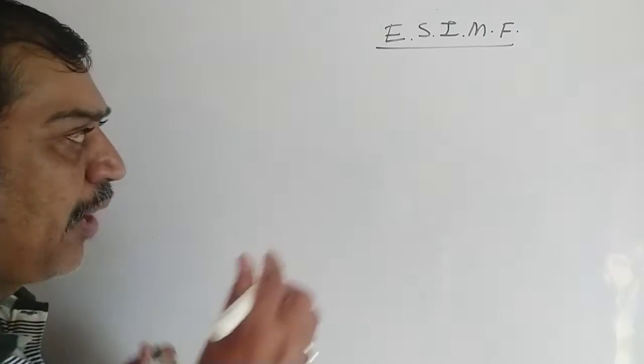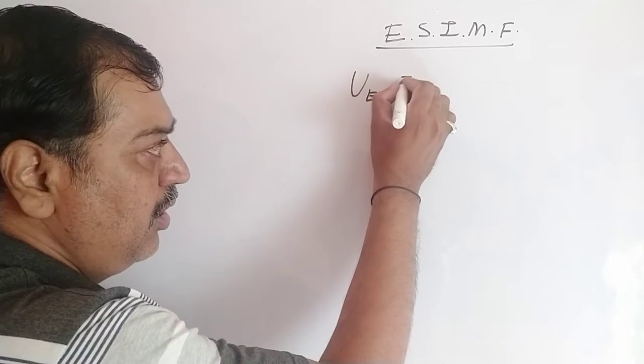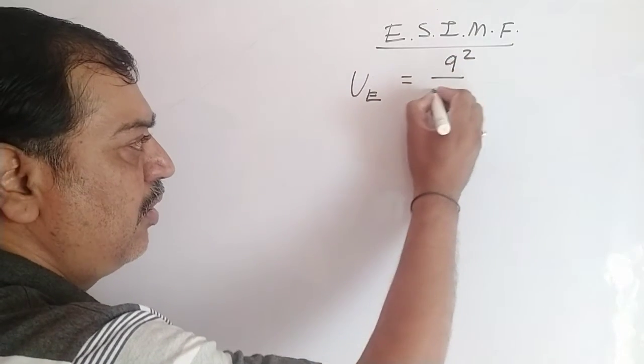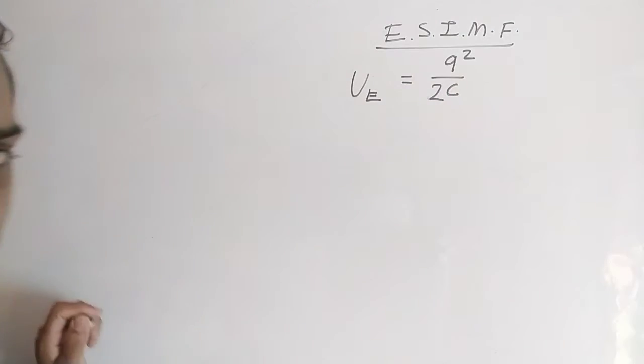If you remember, energy stored in an electric field can be written as U_E equal to Q square divided by twice C, where Q is the charge and C is the capacitance of the capacitor.